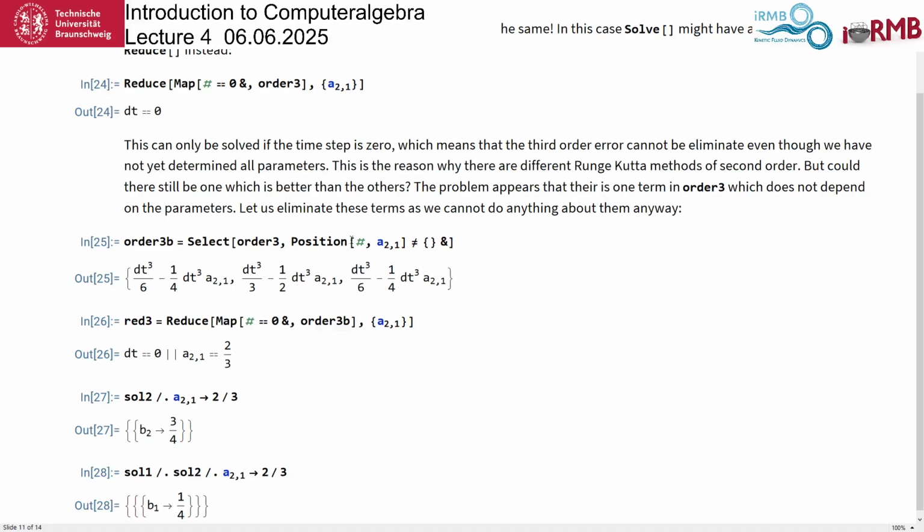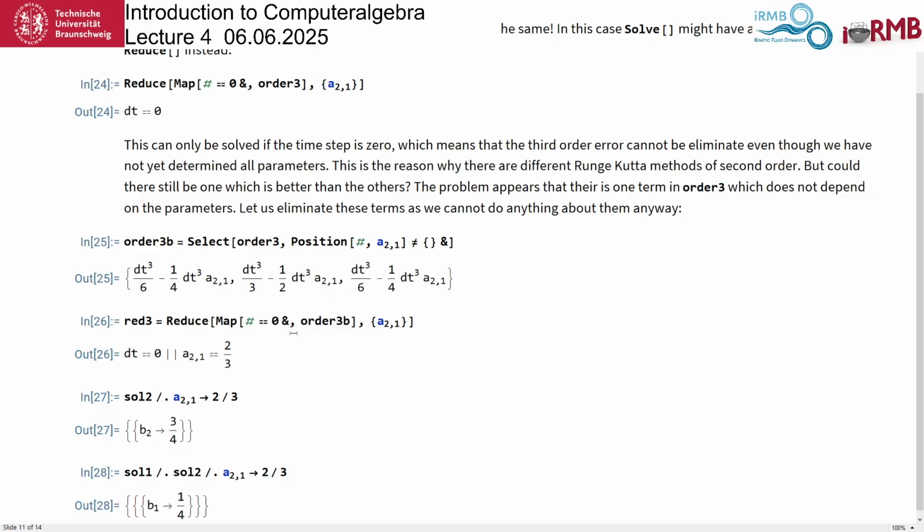This is a crazy way of saying that in this term there needs to be an A1,2. So everything that does not contain this will be eliminated, and this is what we are left with.